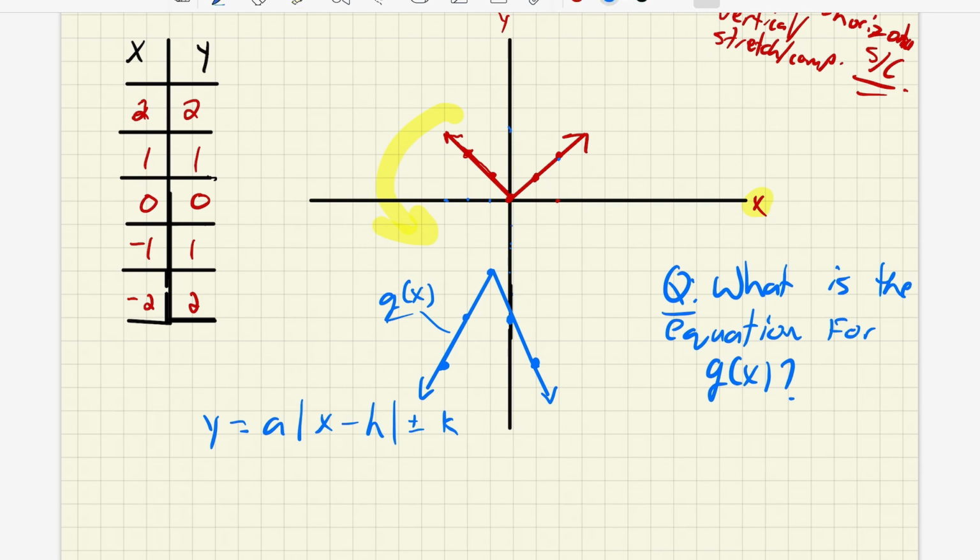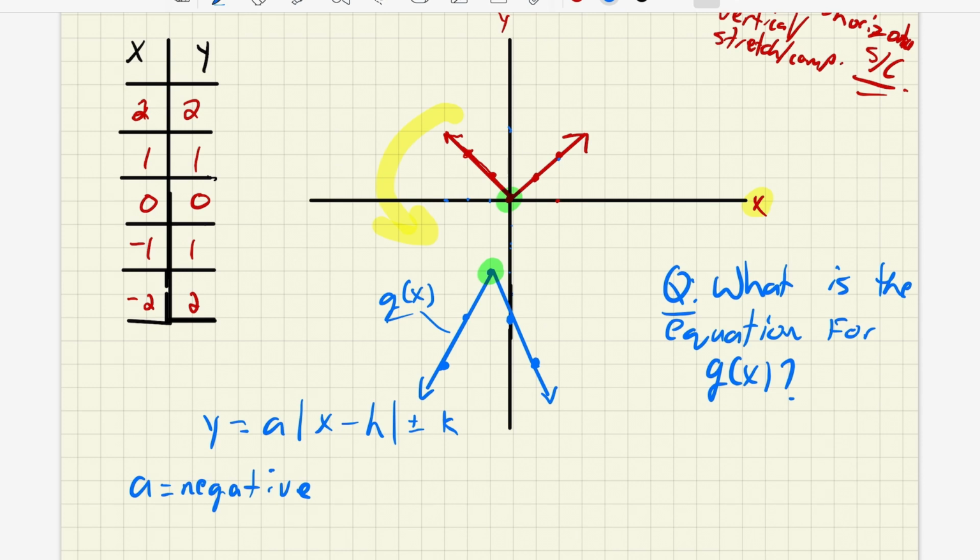So if there's a reflection over the x-axis, then we know that a is negative, because the graph has literally been turned upside down. It's been flipped. And if it's been flipped, this and this must be the same point. So we're going to use it as our reference point to help us determine the rest of the equation.